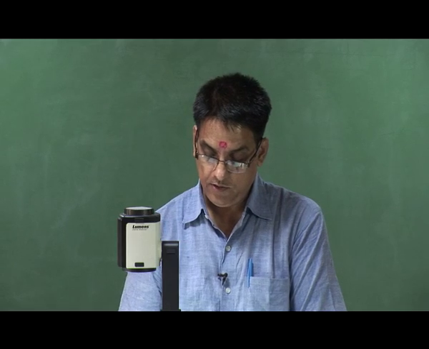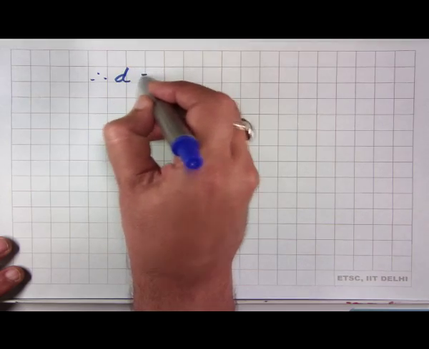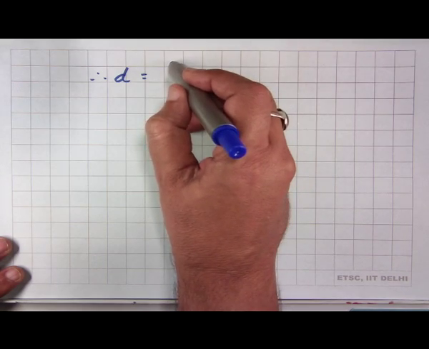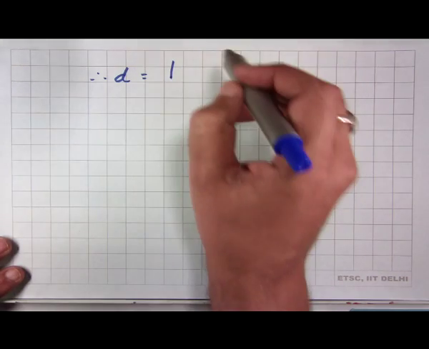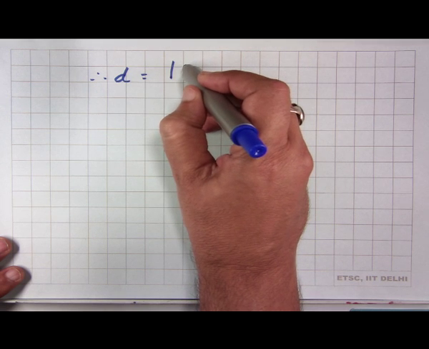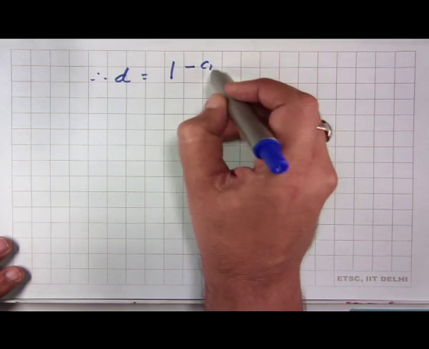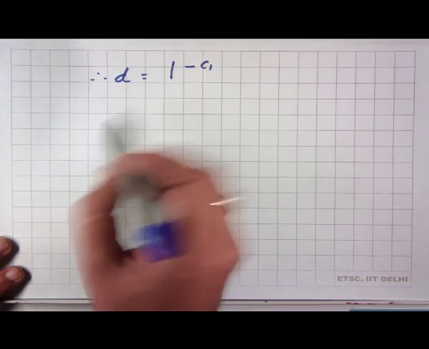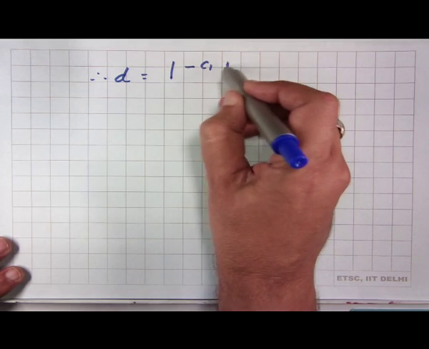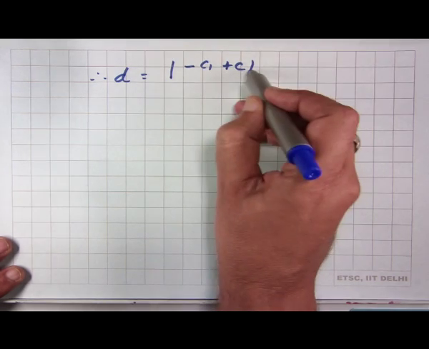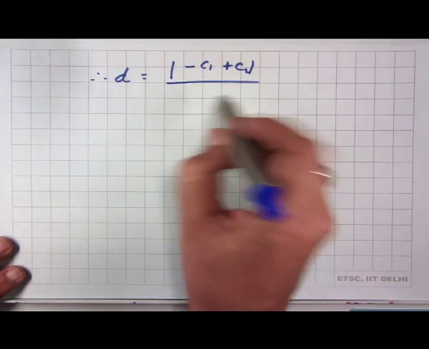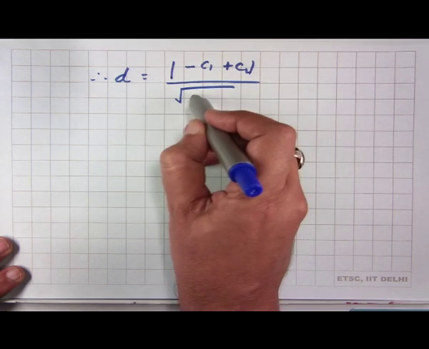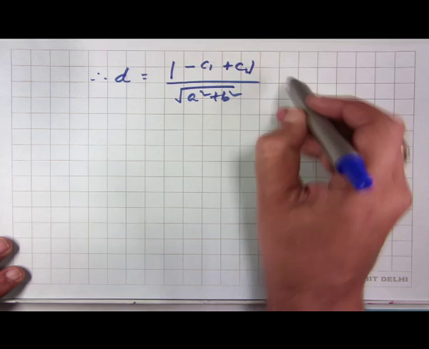So, D is equal to mod minus C1 plus C2 by root under A square plus B square.